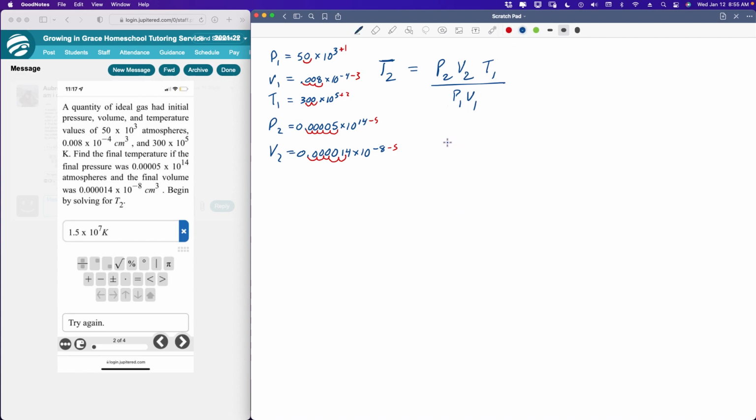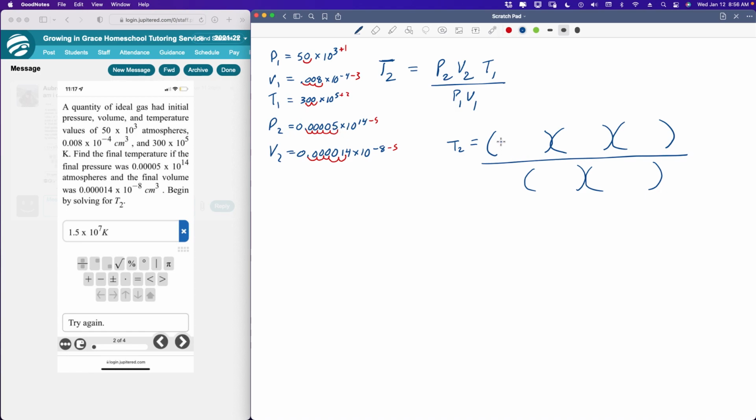So T2 is equal to the pressure of 2, volume of 2, temperature of 1, right? Final pressure, final volume, initial temperature, initial pressure, initial volume. So the final pressure was this.